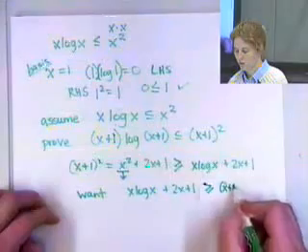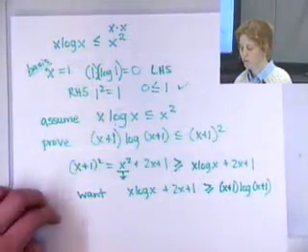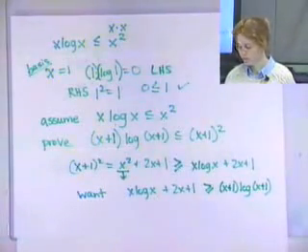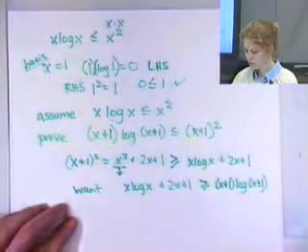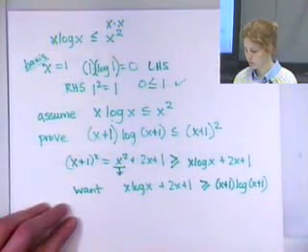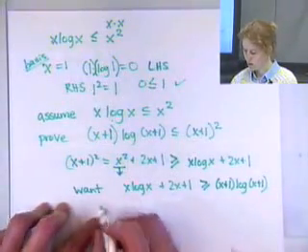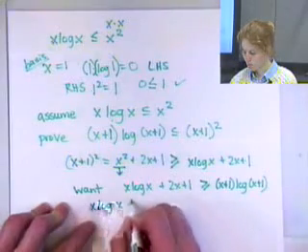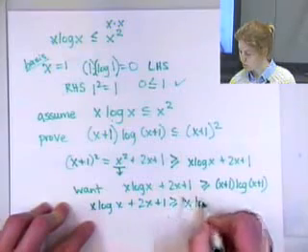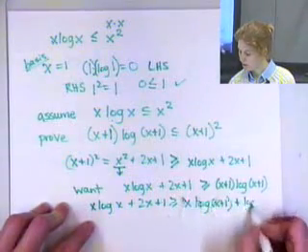X plus 1 log x plus 1, x plus 1 times log of x plus 1. So let's try that. X log x plus 2x plus 1 greater than or equal to... I'll multiply this out. X log of x plus 1 plus log of x plus 1.